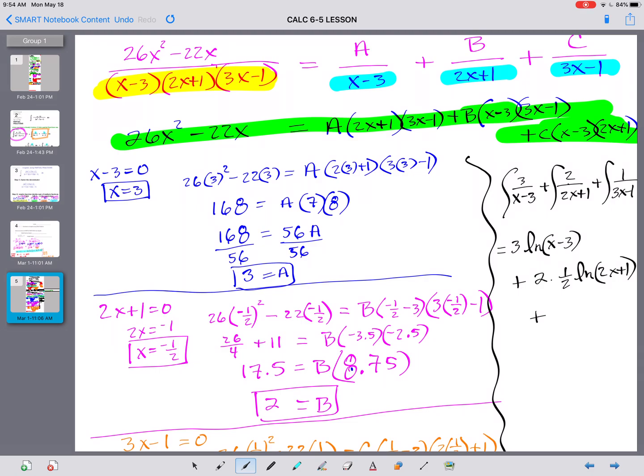Plus 1/3 natural log of 3x minus 1. Don't forget the plus C. If you want to, 2 times 1/2 is just 1. There it is, our answer for number 4. That wraps it up on worksheet 6.5.